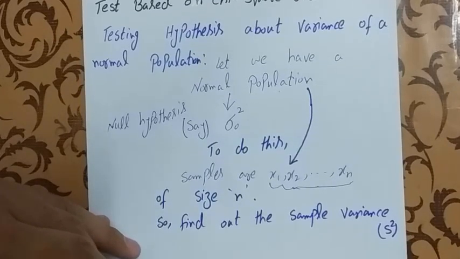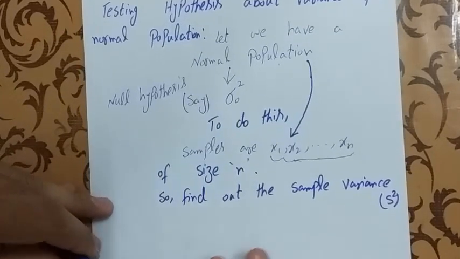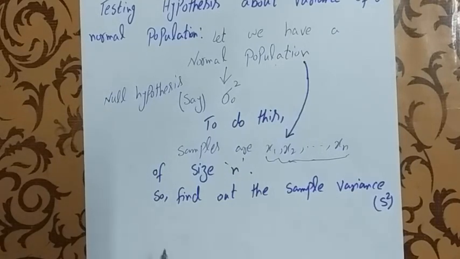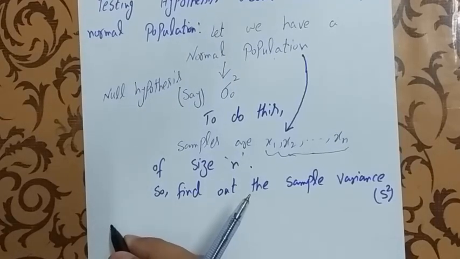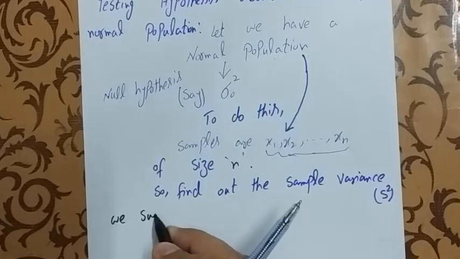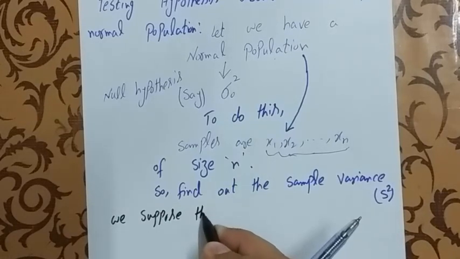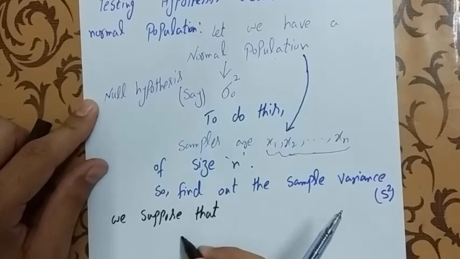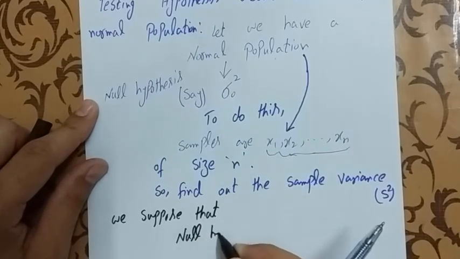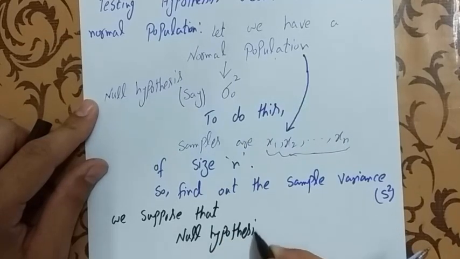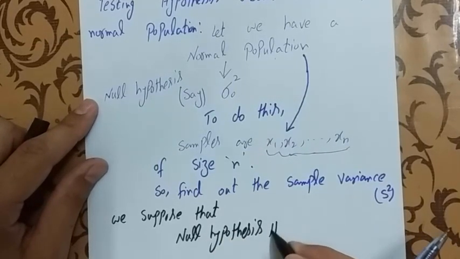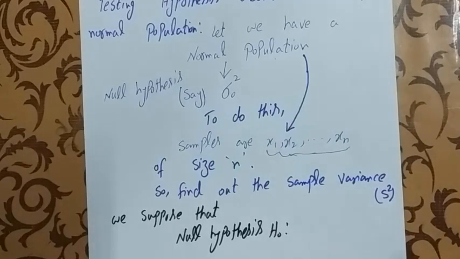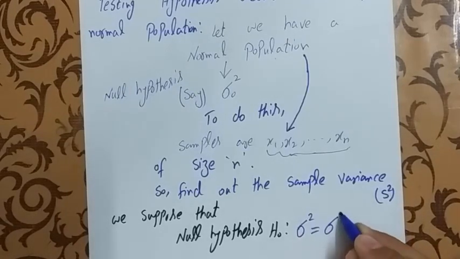And dear students, we suppose the null hypothesis, which is denoted as H naught: sigma square is equal to sigma naught square.